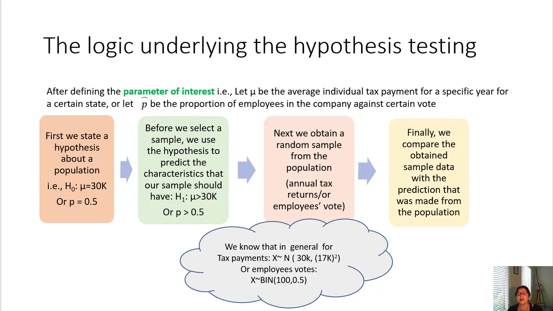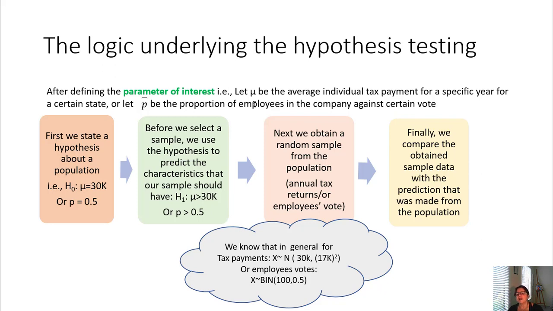So the parameter of interest would be the population mean. We say mu, and then we define it: let mu be the average IQ score of the general population of university students.